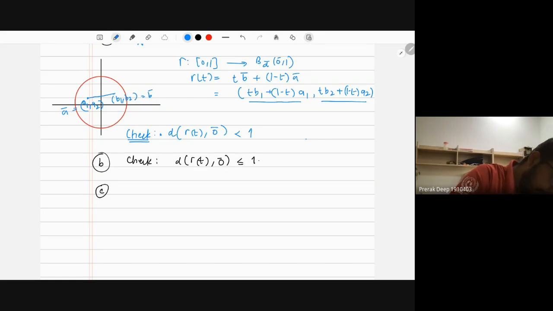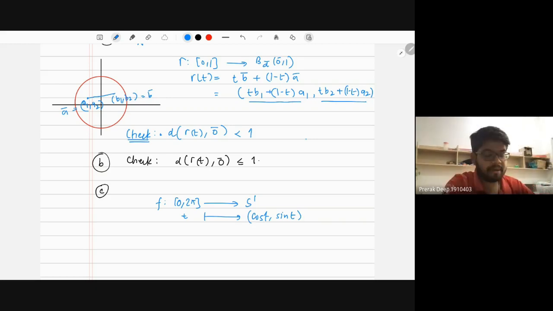A circle can be parameterized by this equation: you can take the interval 0 to 2 pi, and you can parameterize the circle by mapping t to cos t comma sin t. Okay, so this parameterizes the circle.